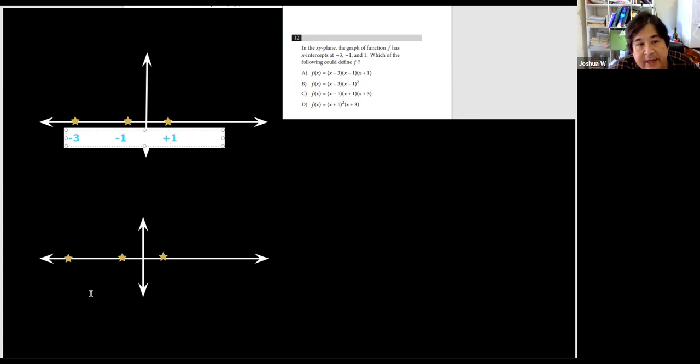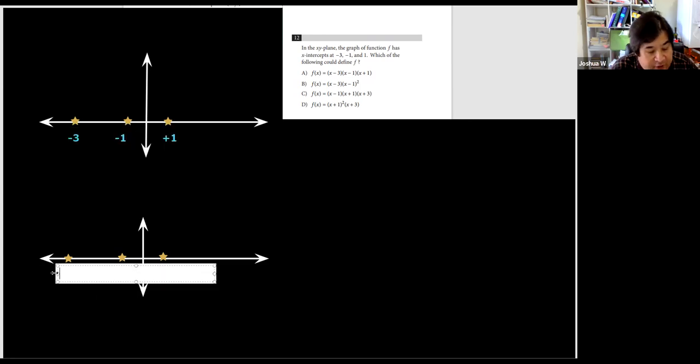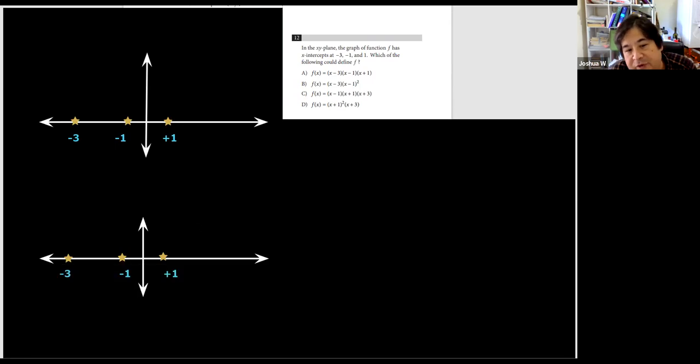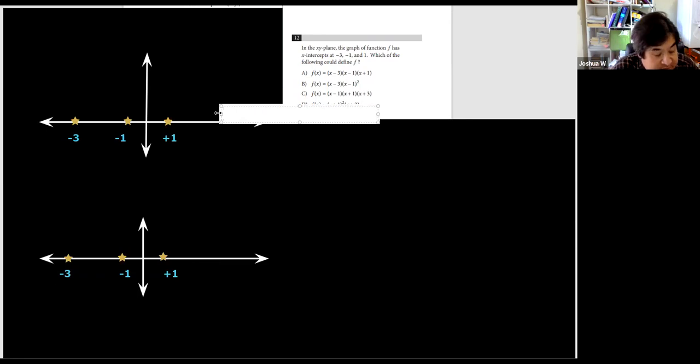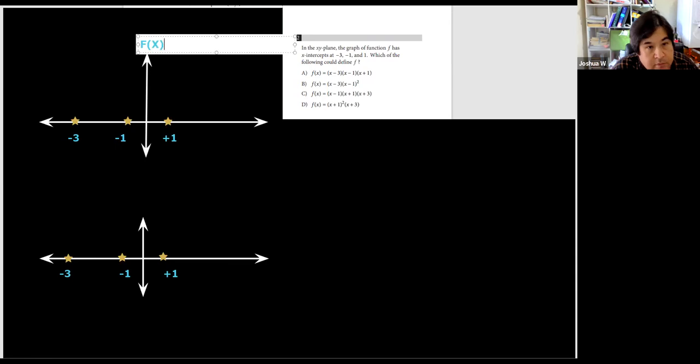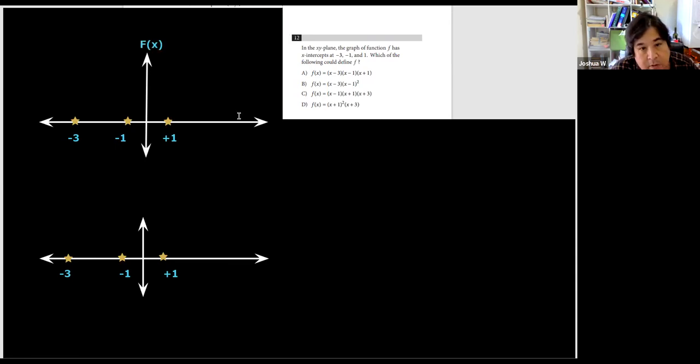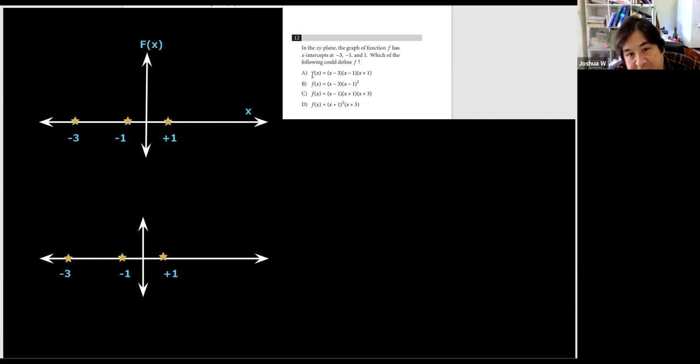Emily, how do you create a function from the zero values? If you plug in these numbers, then the function f of x, the height on the y-axis, should have no height. It should be an intercept.